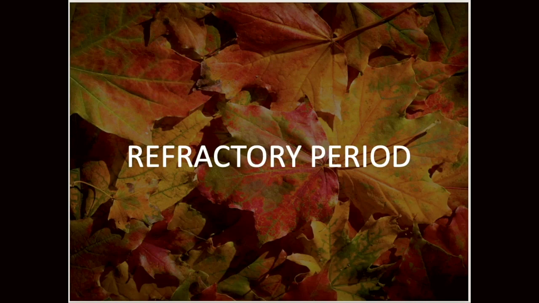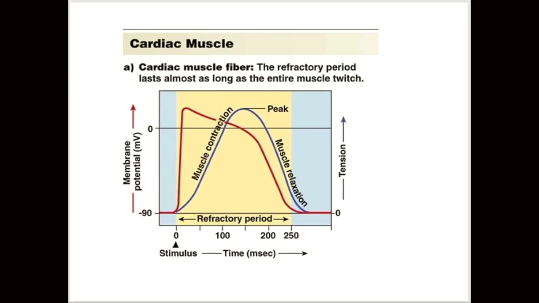Well, the next property is the refractory period. A period during which an already excited cardiac muscle cannot be re-excited by a normal cardiac impulse is called a refractory period.